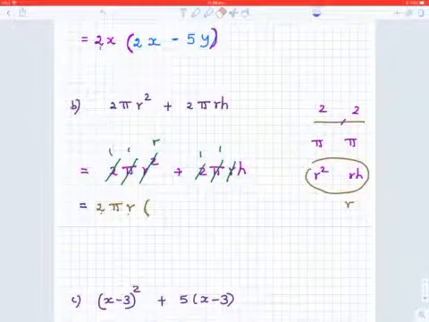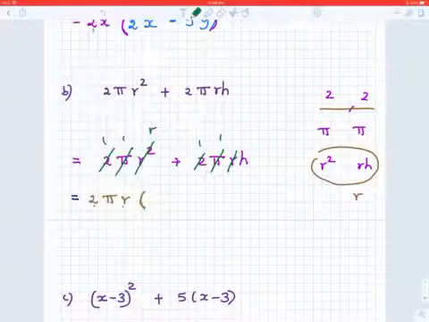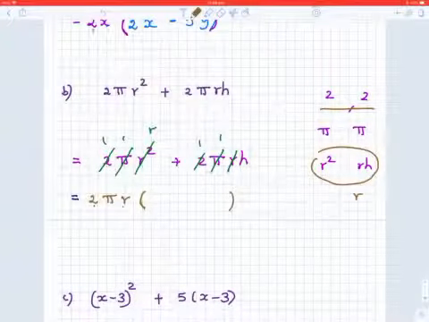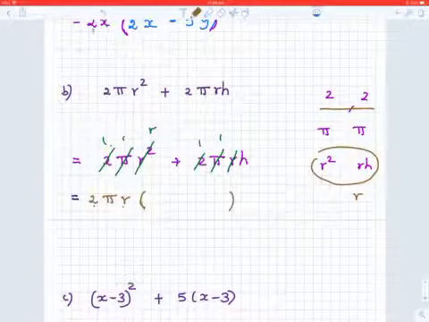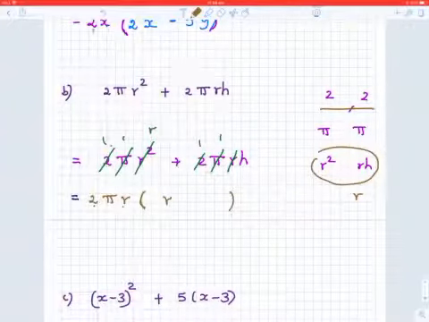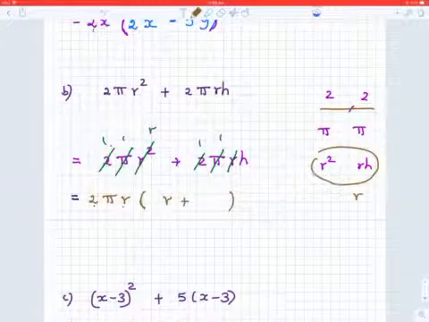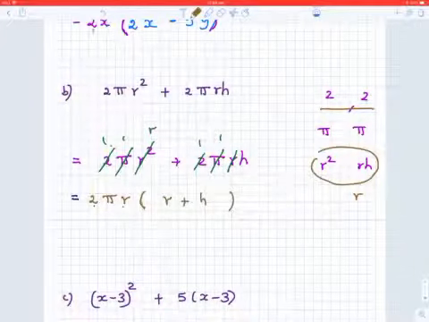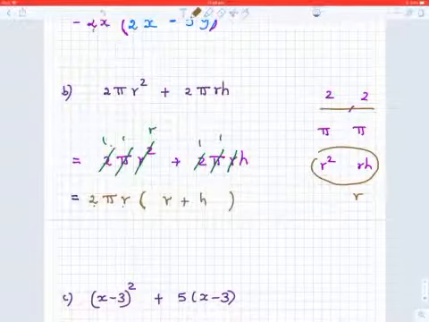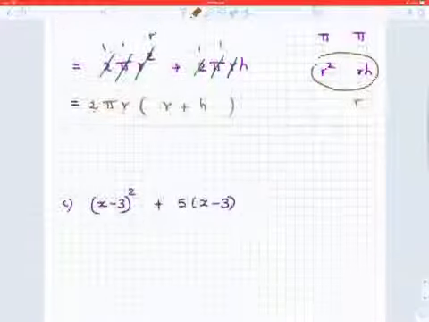What we have left inside after crossing is our answer. So 1 times 1 times r is simply r. Then the plus sign, 1 times h, just h. So your answer for the question is 2 pi r bracket r plus h.